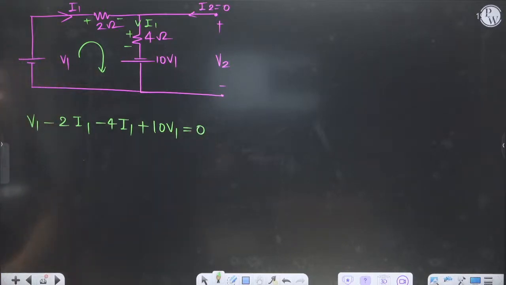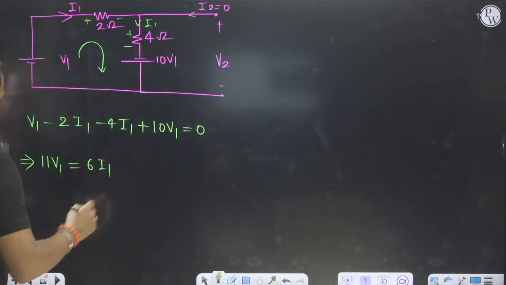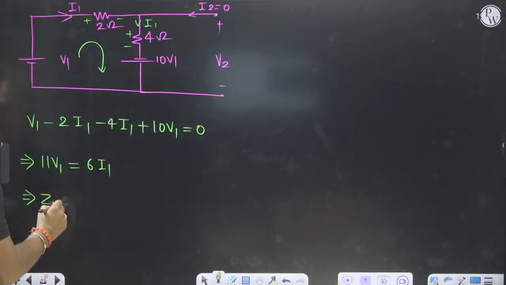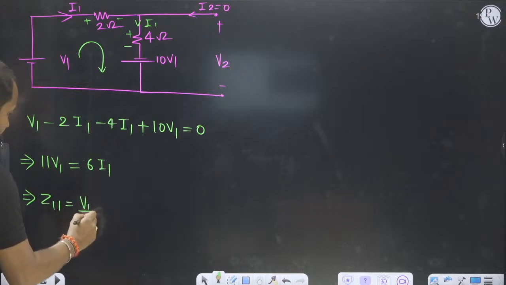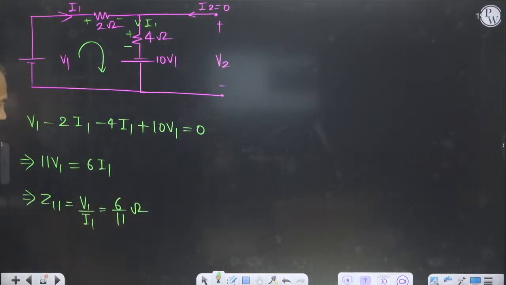So 11 V1 is equal to 6I1. So Z11 is equal to V1 by I1, which is 6 by 11 ohm.